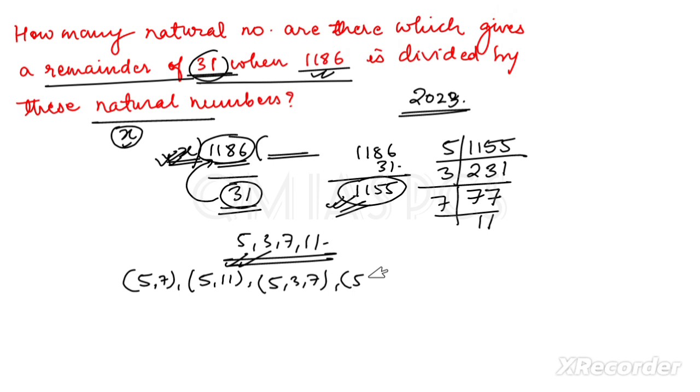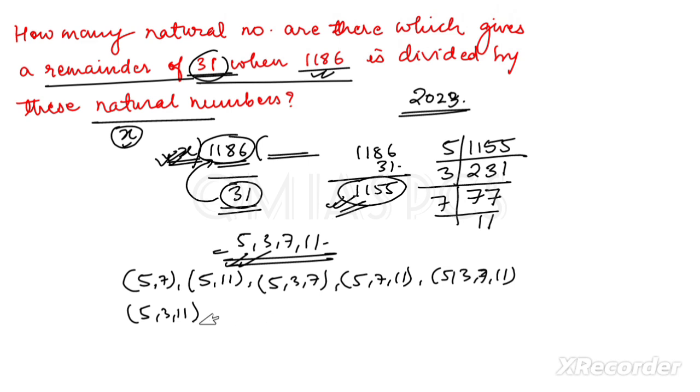Then 5, 7, 11 is possible. With 5 these are possible values. Then one more, 5, 3, 7 and 11 is also possible. Then one more, 5, 3, 11.